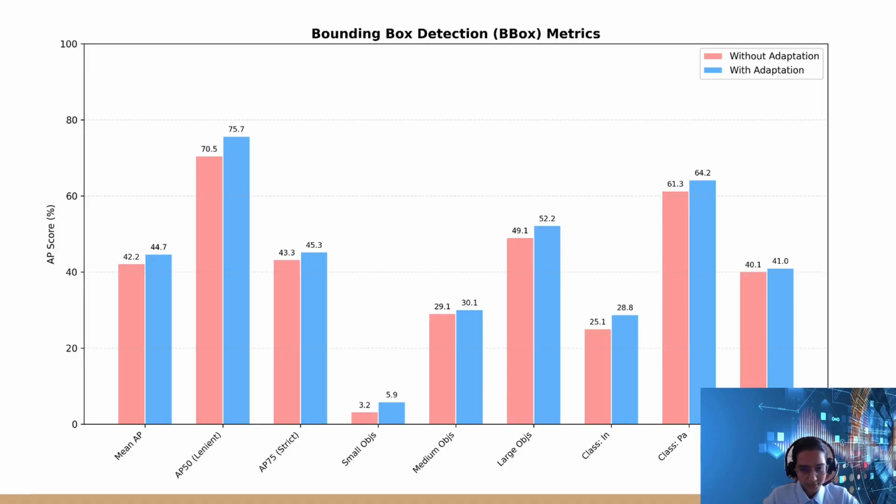For every category, mean IoU, AP based on sizes, classes, it has increased. We can see better object boundaries, increased confidence, and increased scores. This confirms that domain adaptation does improve segmentation performance.